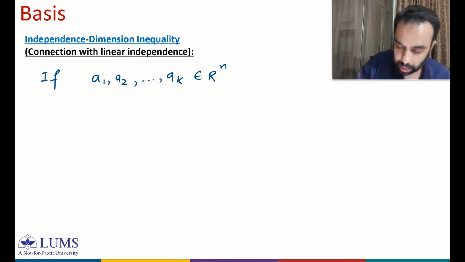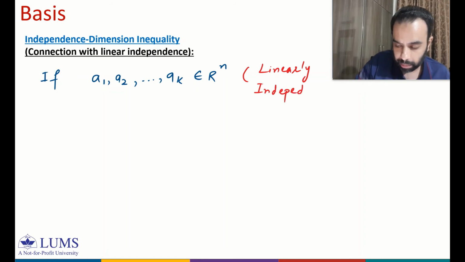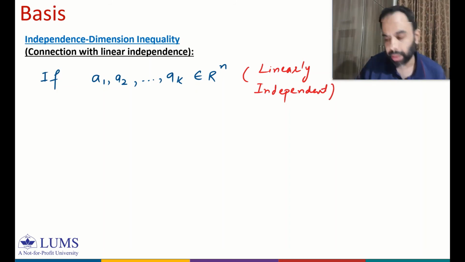If I ask you what is the maximum value of k you can have, as you know that they are linearly independent, we try to connect with what we have discussed earlier.